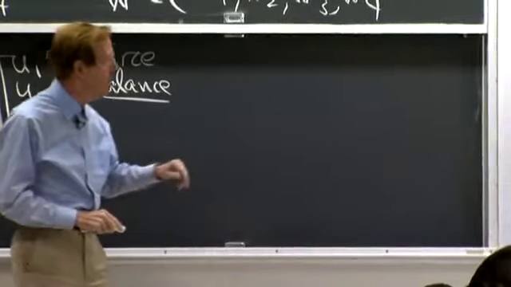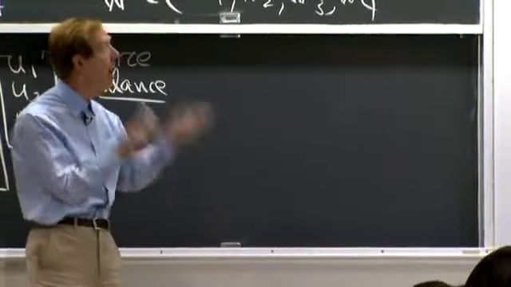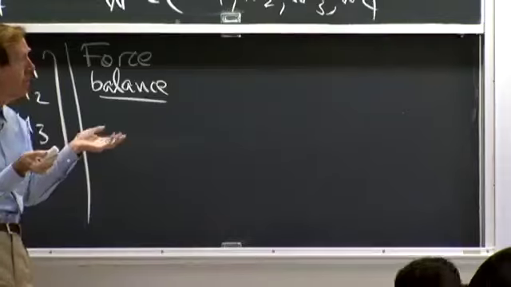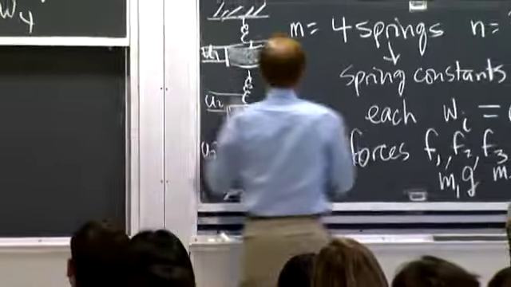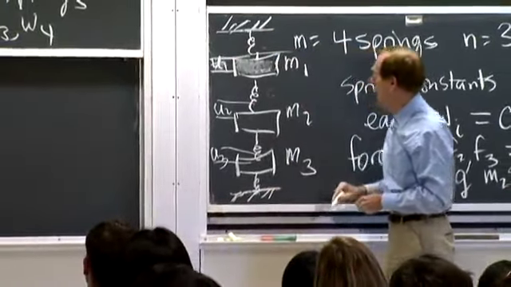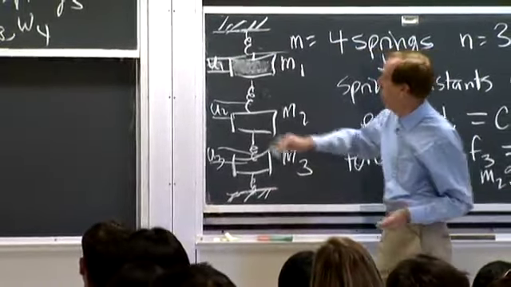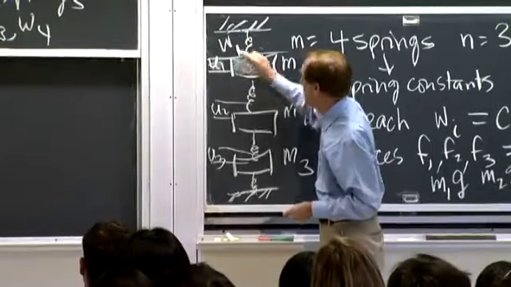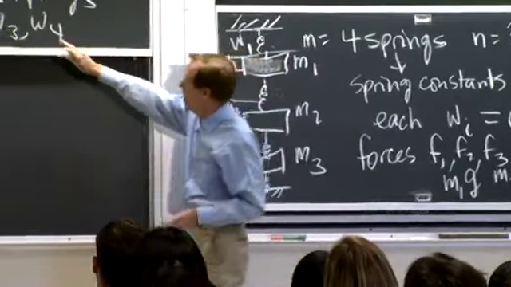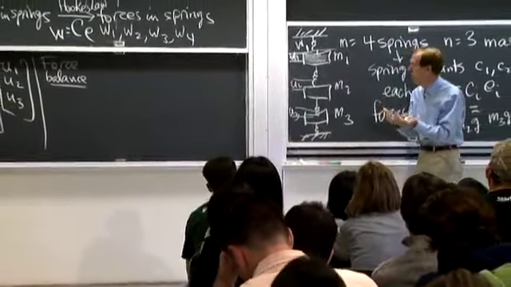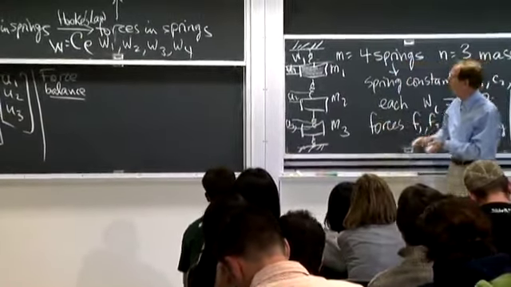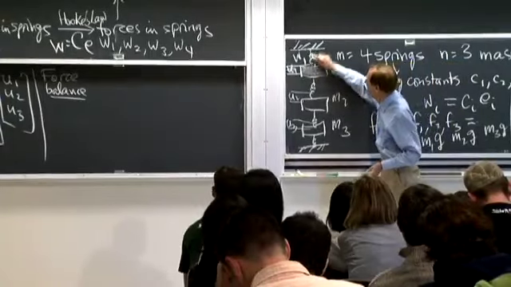Okay, how much force is pulling up? So this spring is pulling upwards, and it's pulling upwards by W1, right? Just we're getting these letters right. The W's were the forces, the internal resisting force, reacting force in the spring. W1 is pulling up.